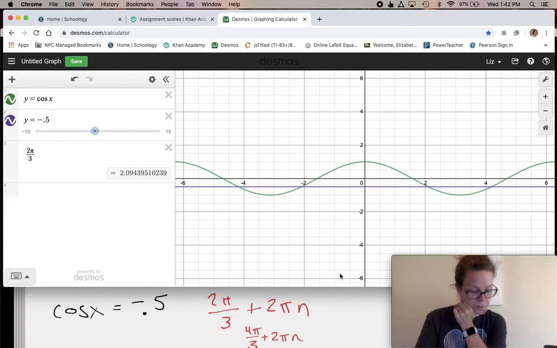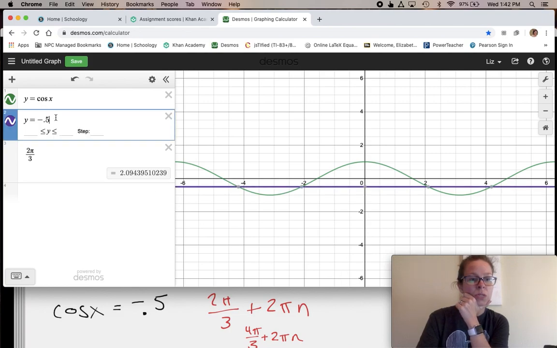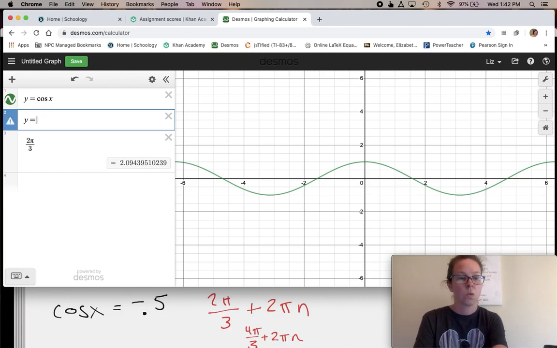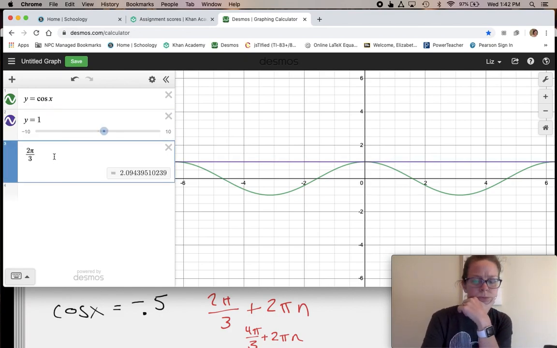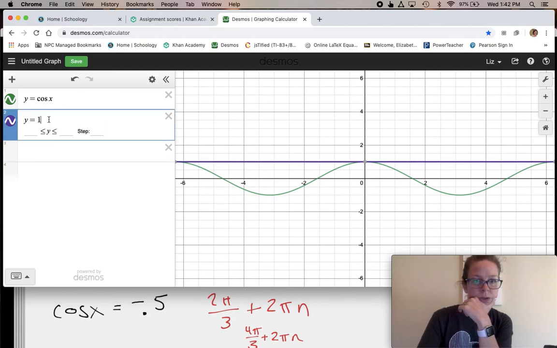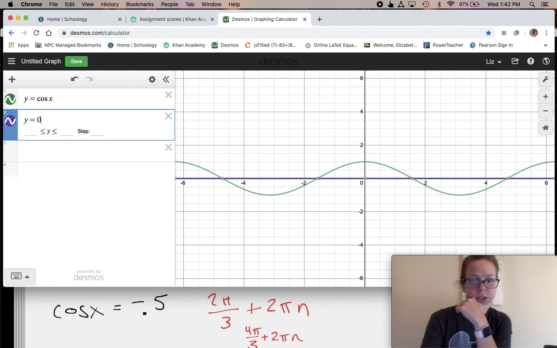Now, some of them could be a plus 180. I'm trying to think if any of your homework problems on this assignment are like this. Yeah, it could be a plus 180 sometimes too. Let's say we are doing a cosine, let's say it's equal to 0.